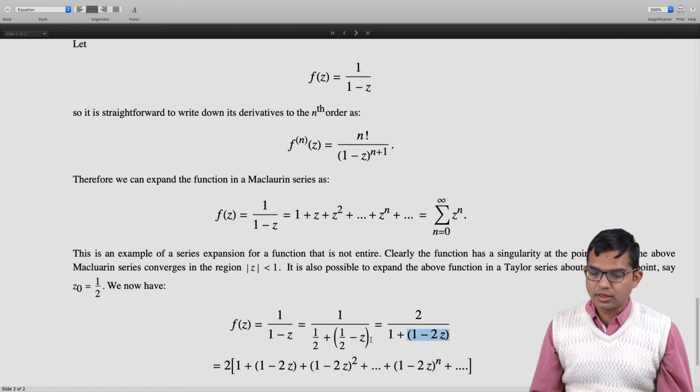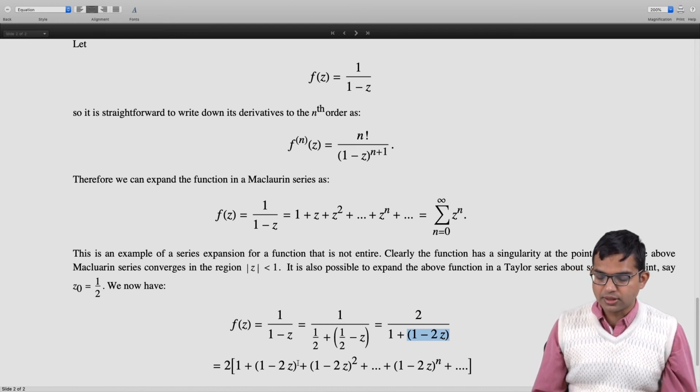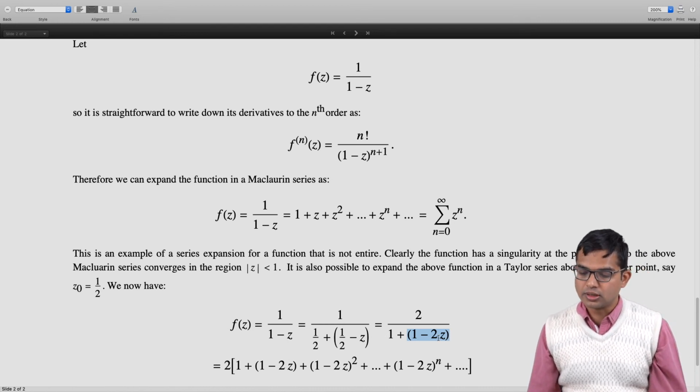So you have to be a bit careful. It's actually 2z minus 1, plus (2z minus 1) the whole squared, and so on. So let's check this. We have 1 minus z is good. So it is 1 plus (1 minus 2z).